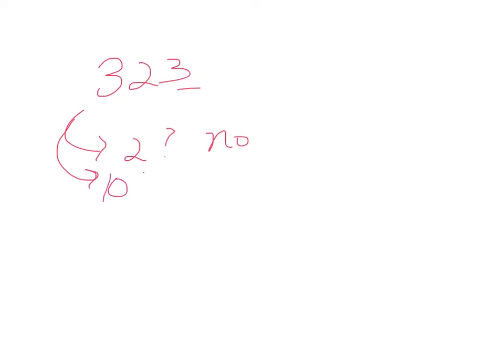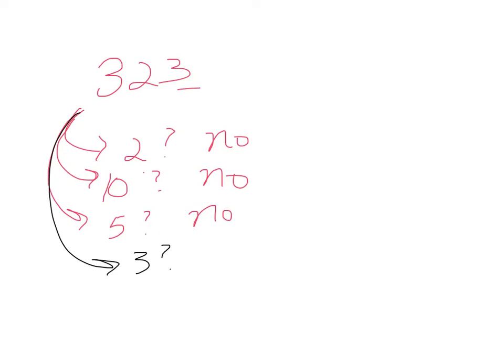Let's look at 323. Is it divisible by 2? No. Divisible by 10? No, it ends in a 3, it doesn't end in a 0. Divisible by 5? No, because once again it ends in a 3, not a 5 or a 0. Then I check 3.